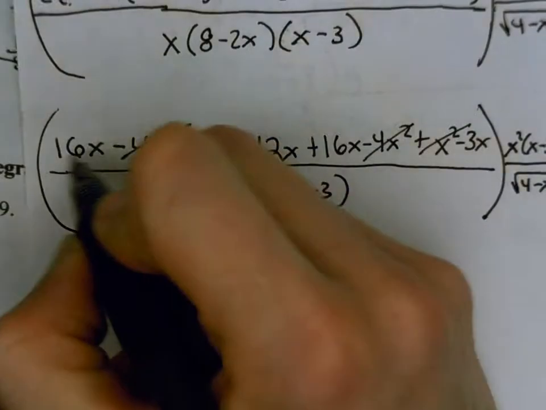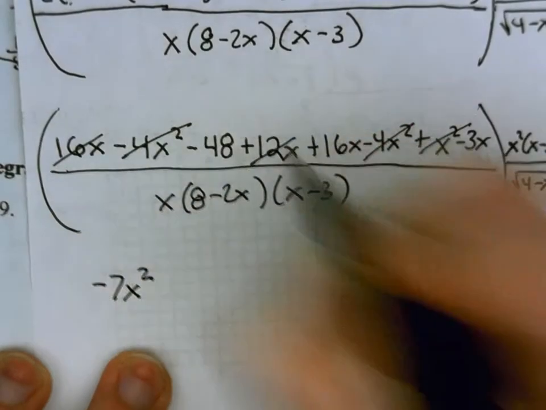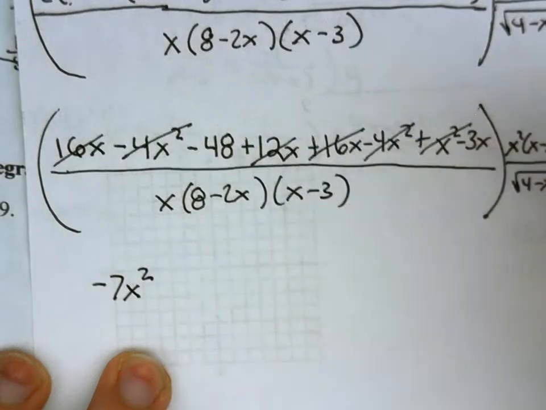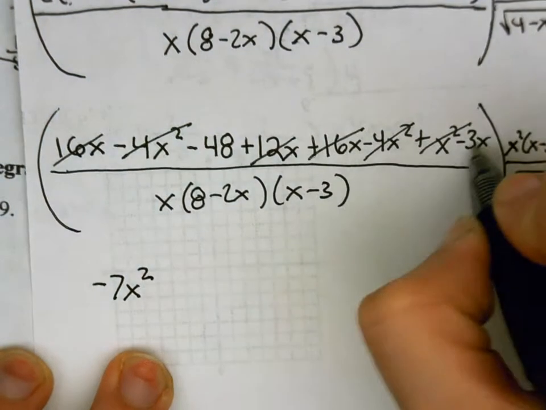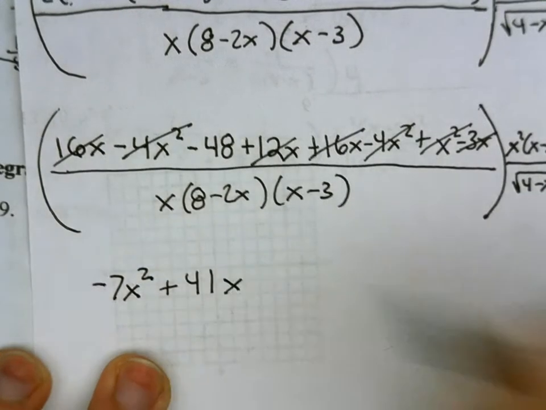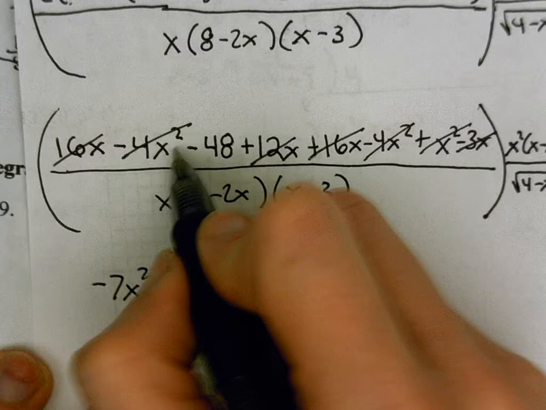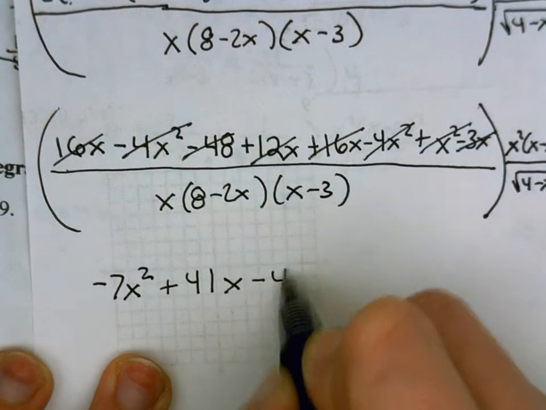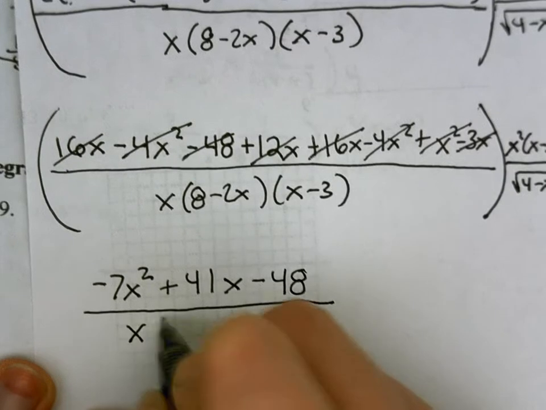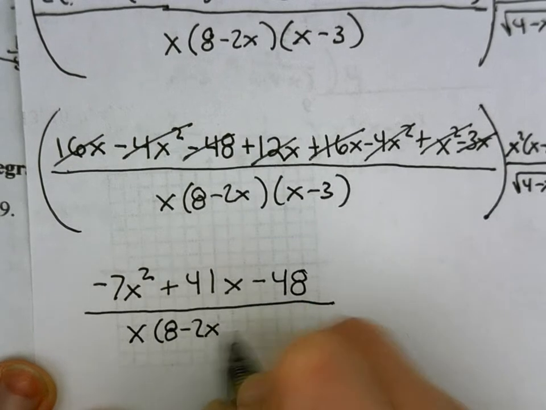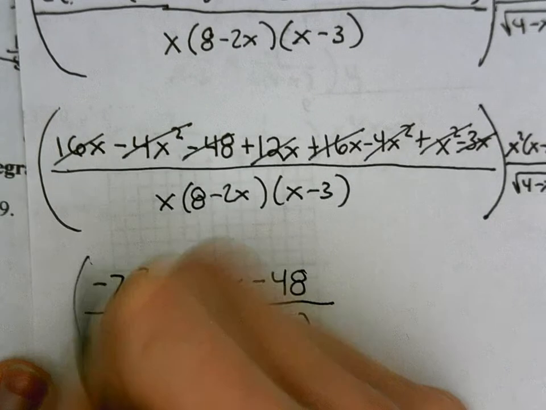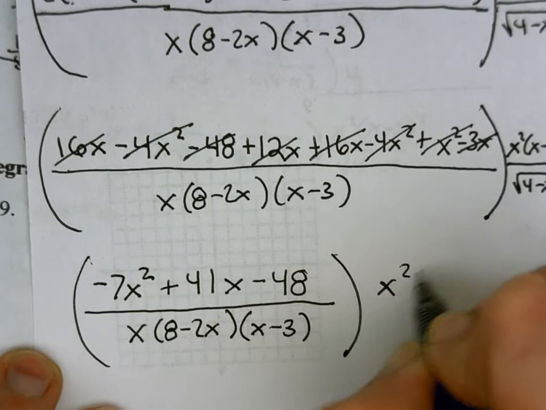We have 16x, 28x, 38, 44x, and then 41x. And then minus 48, over x, 8 minus 2x, x minus 3. Still all times our y.